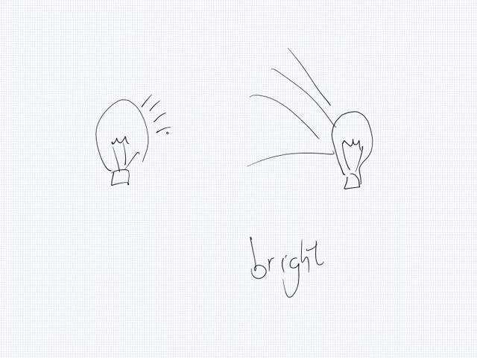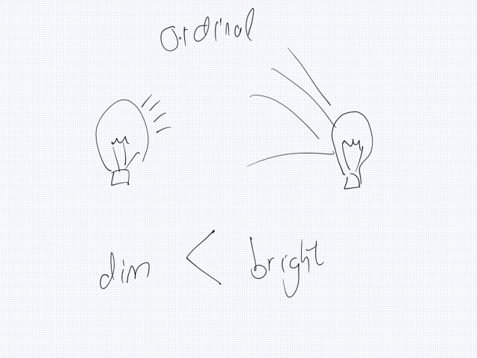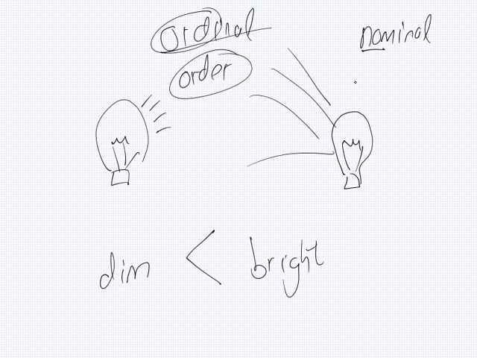So it can be bright or it could be dim. And these are qualitative, but bright is bigger than dim. So this is qualitative, ordinal. So you can remember, because ordinal means order. Yeah? And nominal? No order. Nominal means no order.